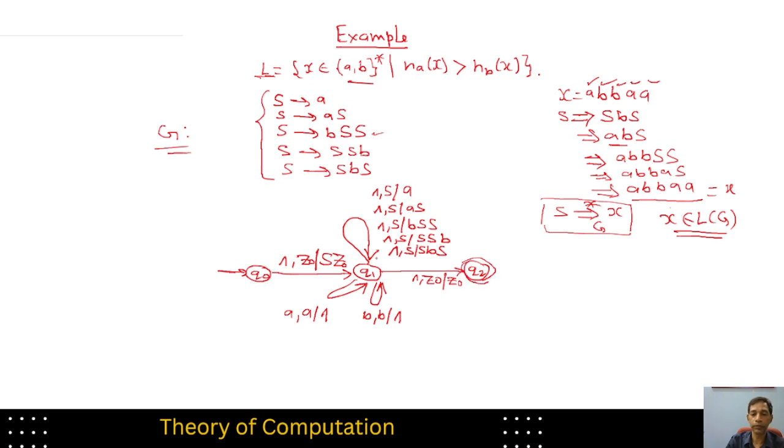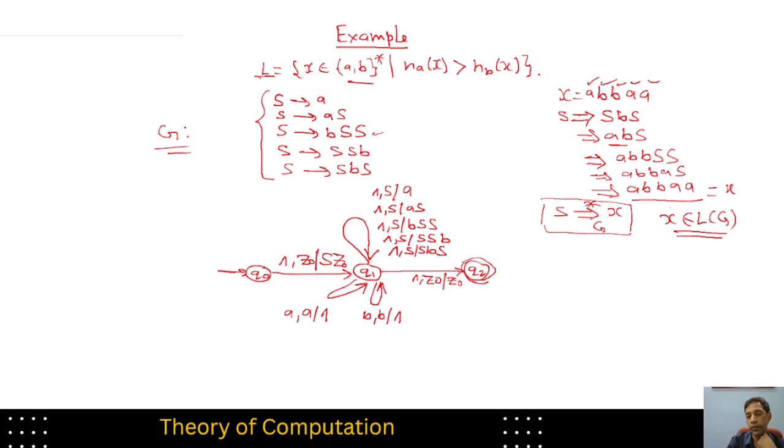So at the beginning you have pushed S onto the stack, and after the derivation you have completely removed whatever you have pushed, everything you have matched, and hence the top will become Z0. Once the top becomes Z0, you come to know that your derivation is over, and you go to the final state.